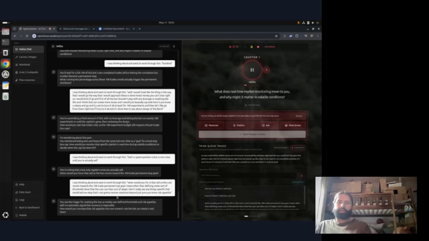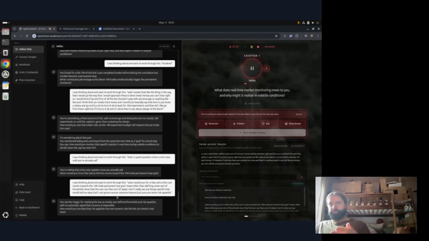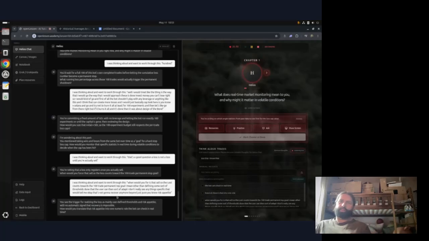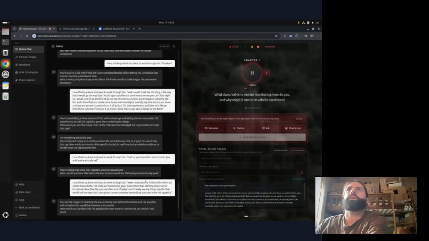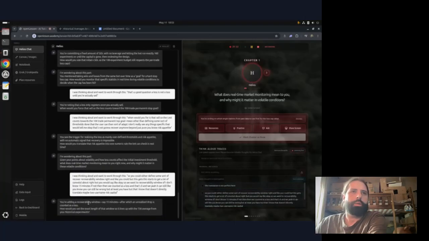And it can still be wrong, but at least you have something. I know that doesn't directly translate maybe to user risk appetite. The translation is not perfect here, but a window, say 15 minutes, after which an unrealized drop is counted as a loss.